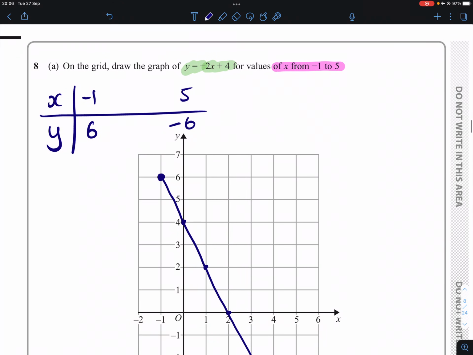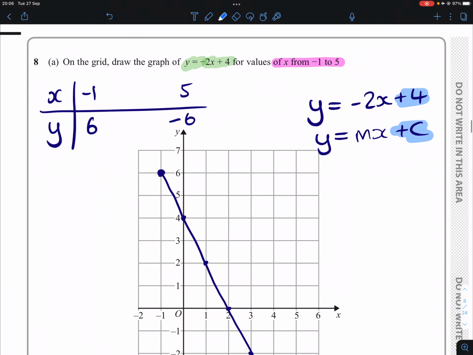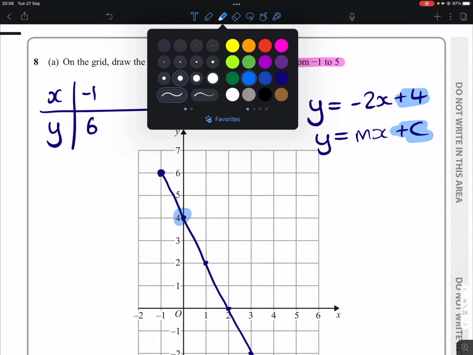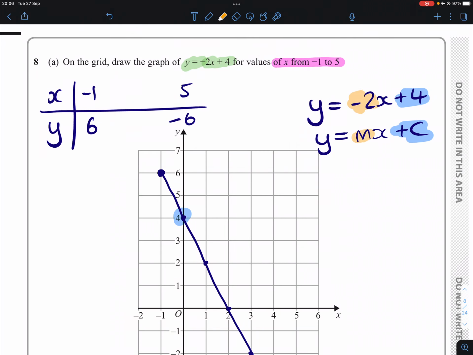Now, the quicker way of doing this, given our formula, y equals mx plus c: c is the y-intercept, which tells us that 0, 4 is a point on our line, and our gradient is minus 2, which means that our rise over run is minus 2.